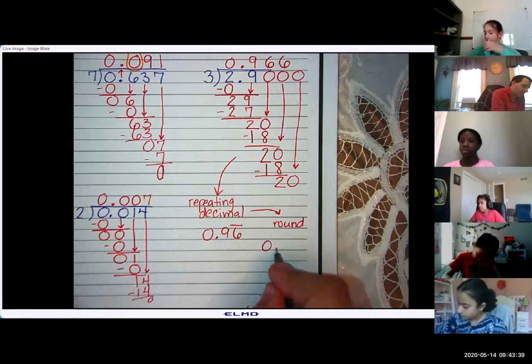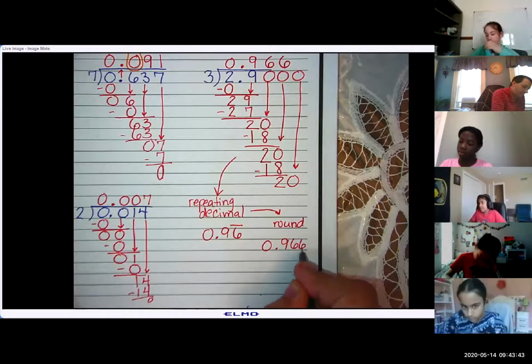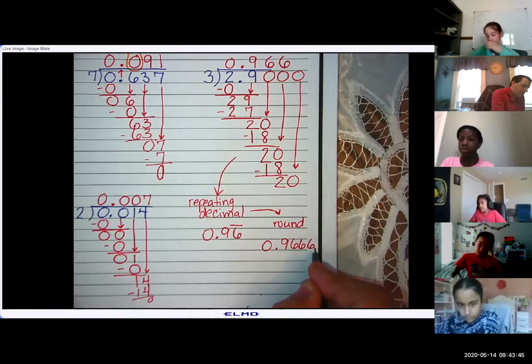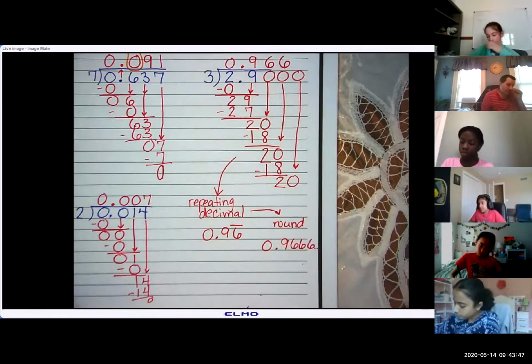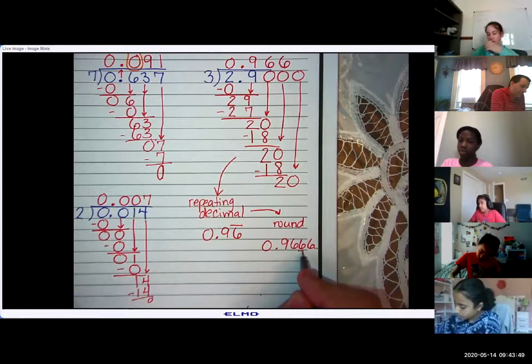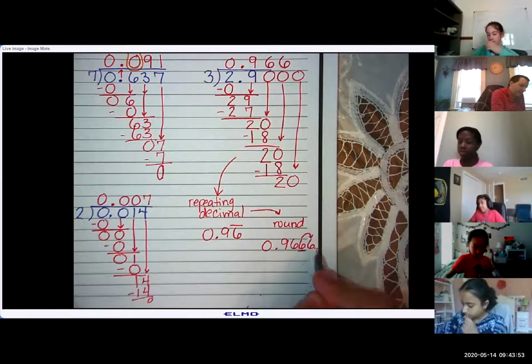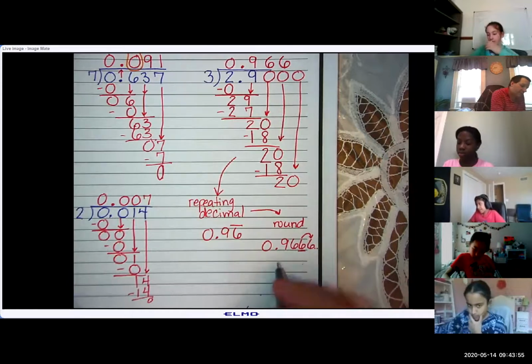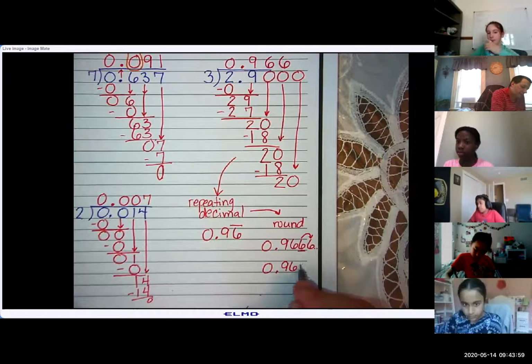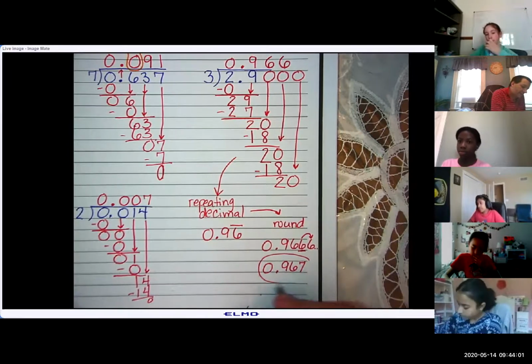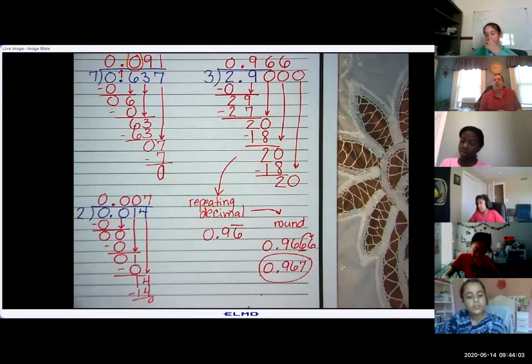Your answer would be this. And that would go on forever, right? If I'm rounding to my nearest thousandth, I look to the right, that's a 6, so I'm going to round this 6 up to a 7. So this is what I'm looking to write into my homework.